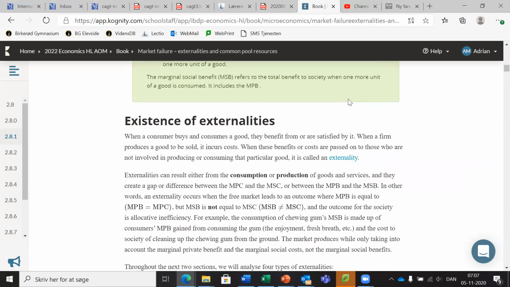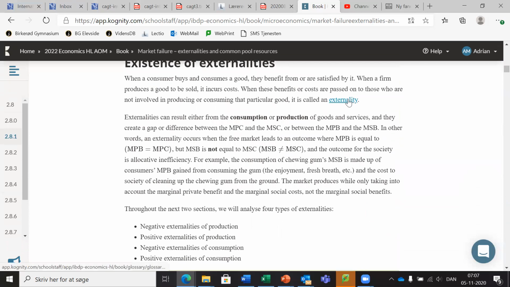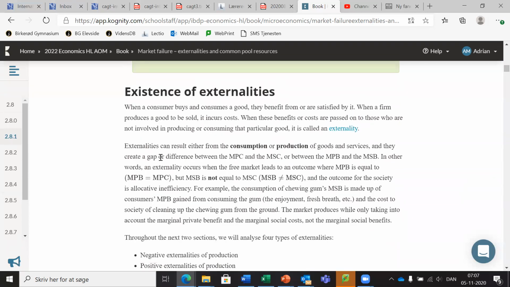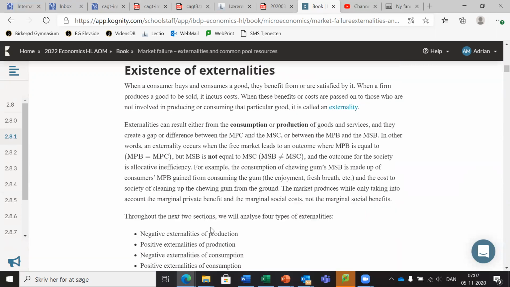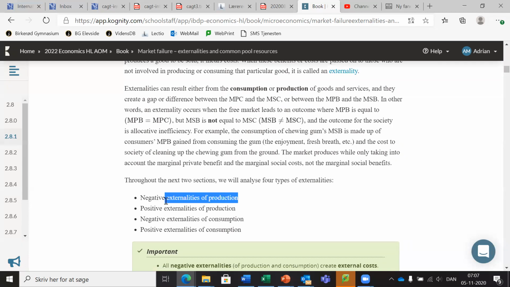So some of your definitions there. Externalities: there's four, essentially. They can result either from the consumption or production of goods and services, and they can create a gap between the marginal private cost and the marginal social cost, or on the benefits as well. For example, a negative externality of production: a lot of the steel factories cause pollution when they produce.